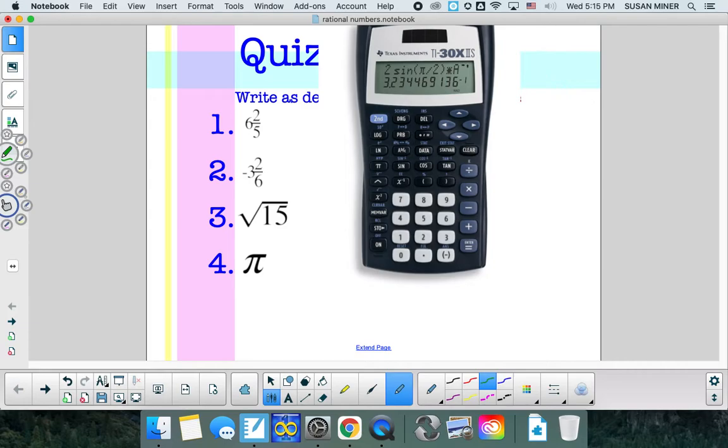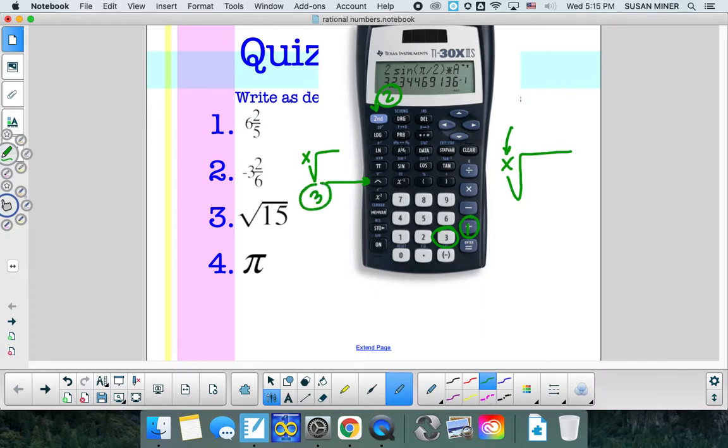If I want to take the cube root, the first thing I'm going to do is put in the 3, because what I'm telling my calculator is what this number should be. So I'm going to push 3, so that'll be the first button that I push. Then I'm going to push second function. That's the second one. And then I'm going to hit the arrow right here. That'll give me x square root.